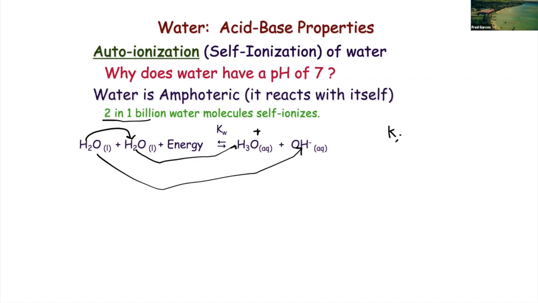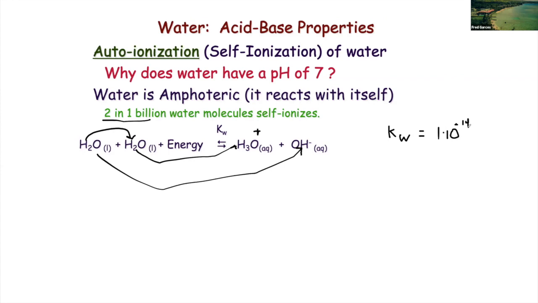And the K, we call this Kw because it's the reaction of water, is so small that that equilibrium constant is 1 times 10 to the minus 14. That's a very, very small number. And that's because only 2 in 1 billion does this reaction, autoionization.